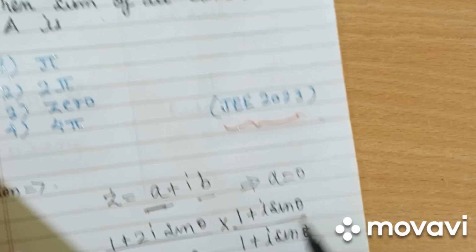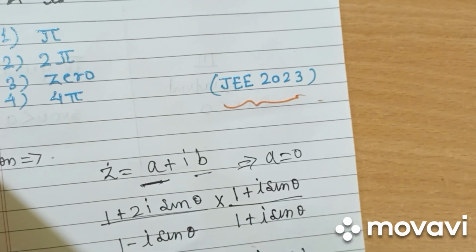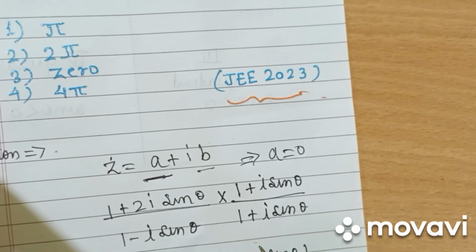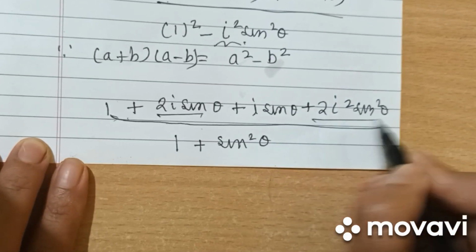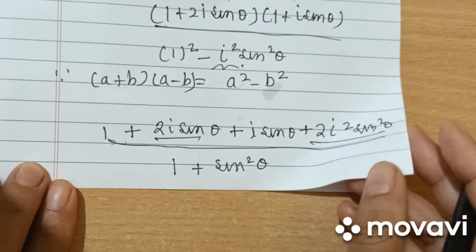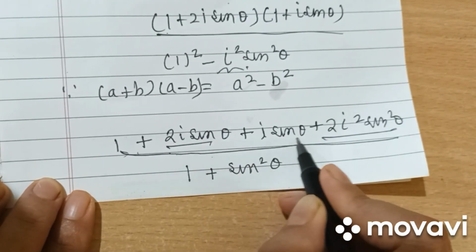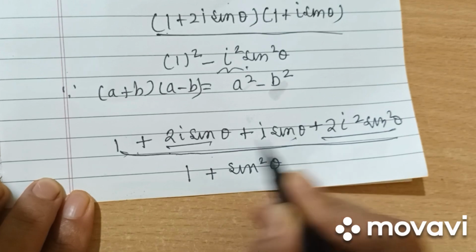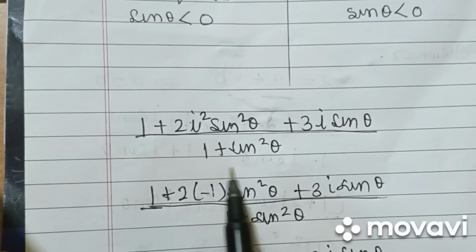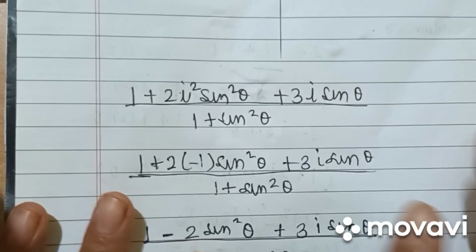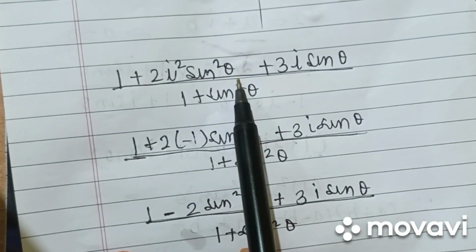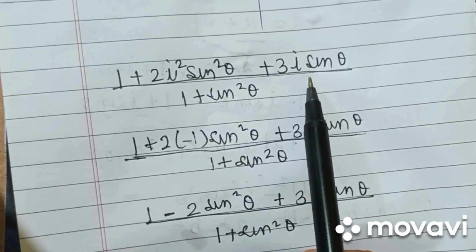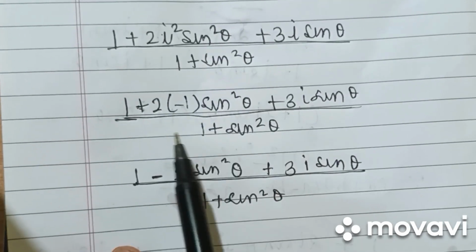So in this question, first we will segregate the real part and the imaginary part. Here 2i sin theta plus i sin theta will become 3i sin theta. Now after segregating, we have (1 + 2i squared sin squared theta + 3i sin theta) upon (1 + sin squared theta).